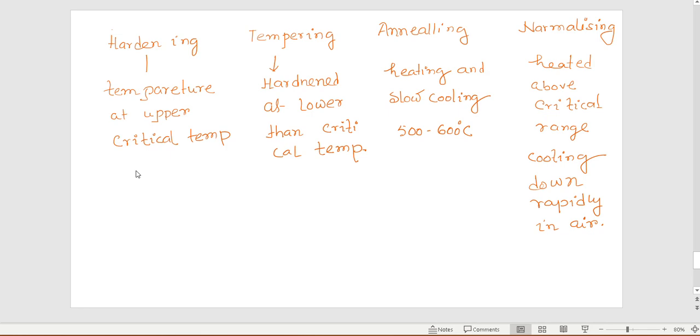Annealing is heating and slow cooling at 500 to 600 degree temperature, and normalizing is heating above critical temperature and cooling down rapidly below the critical temperature.